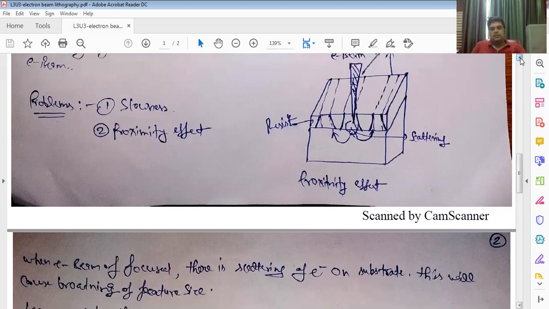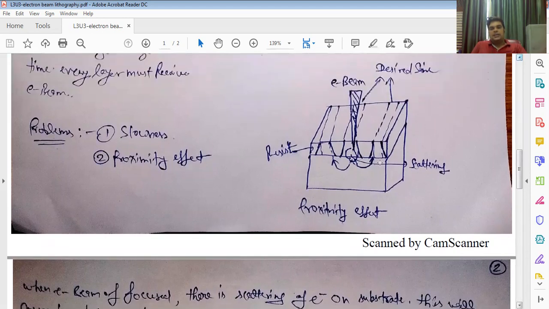Let us consider this diagram. This is the silicon wafer that you can see. This is the silicon substrate. And onto that substrate, a resist layer is being deposited. Now, the region shown by these dotted lines are the desired regions.